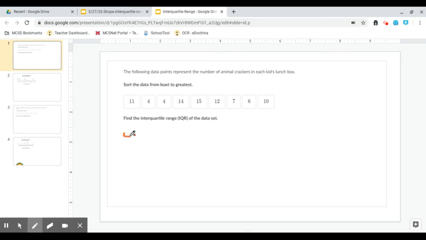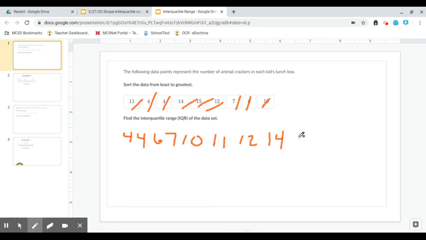So we have 4, 6, 7, 10, 11, 12, 14, and 15.